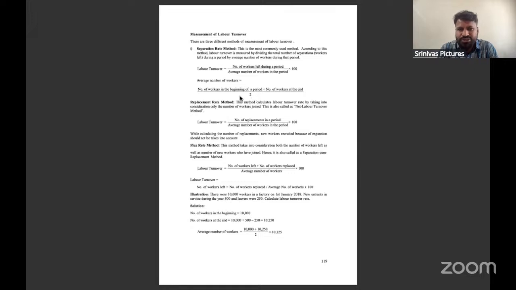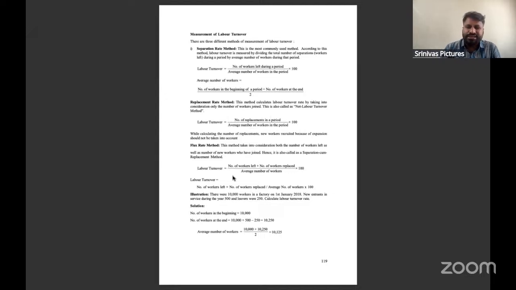With the help of this formula, we can calculate the separation rate method. In the replacement rate method, labor turnover is equal to the number of replacements in the period divided by the average number of workers in the period. The same average number of workers is used here also. But in the replacement rate method, we take only the laborers that we replaced in that particular period.